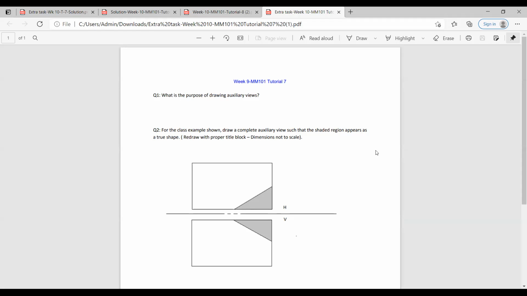If you have an understanding or an idea, please unmute your mic and share it with the class. What is the purpose of auxiliary views?